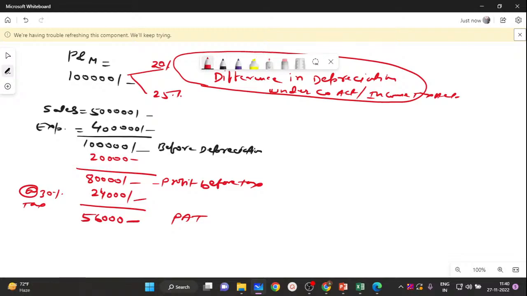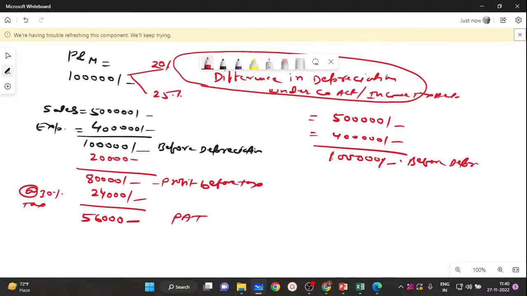But the company has to pay the income tax as per the IT Act, right? So now I am calculating as per the IT Act. The company will report to the income tax department that I have made sales of 5 lakh, and out of 5 lakh, I have made total expenses of 4 lakh. Now this 1 lakh profit is before depreciation.